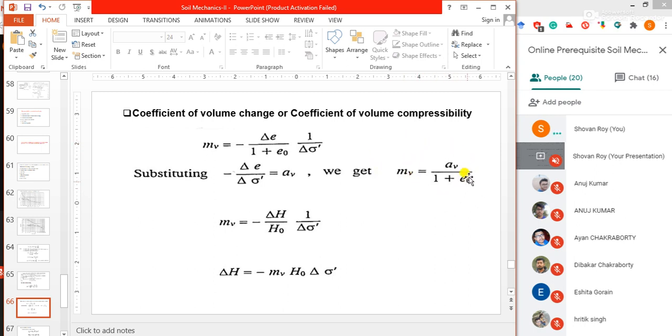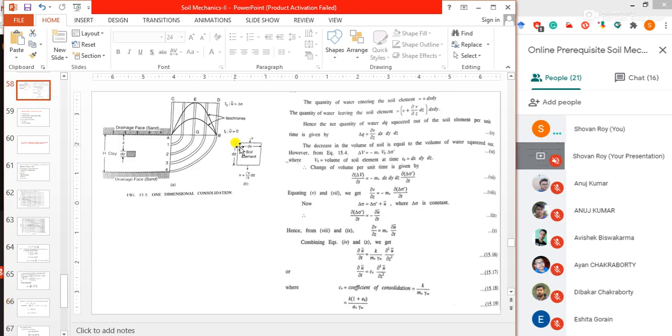So when MV equals AV by 1 plus E0, we can easily substitute it, and that is why the coefficient of consolidation CV equals K into 1 plus E0 by AV into gamma W.